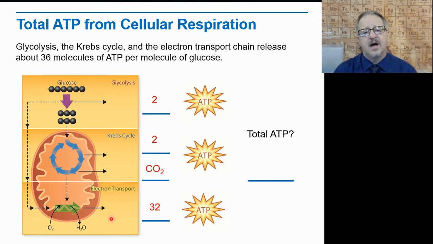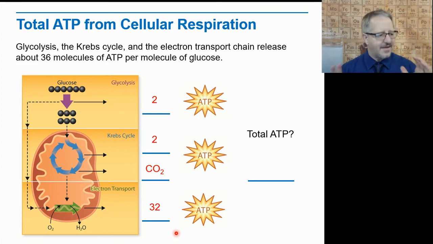However, it's not exactly robotic in that sense, so it doesn't produce 32 ATP in the electron transport chain every single time. It kind of fluctuates a little bit, as organic things do. Organic things aren't precise.